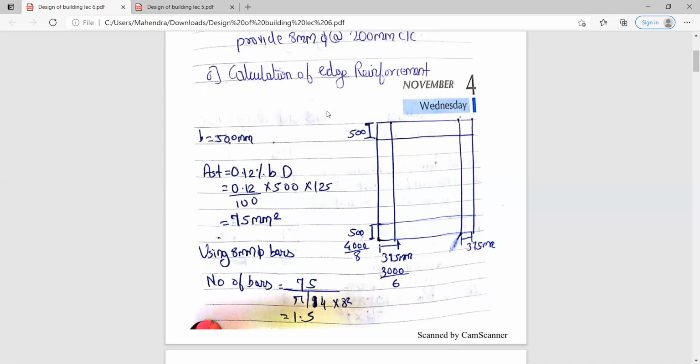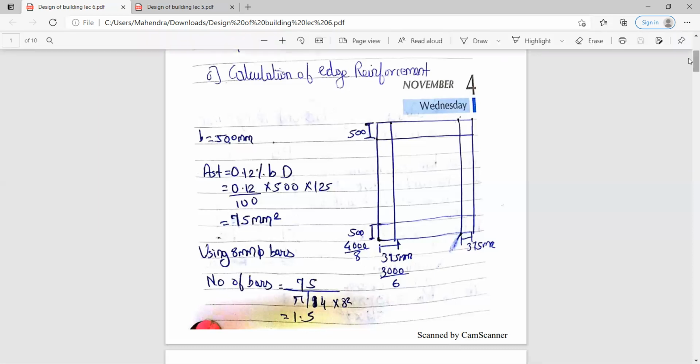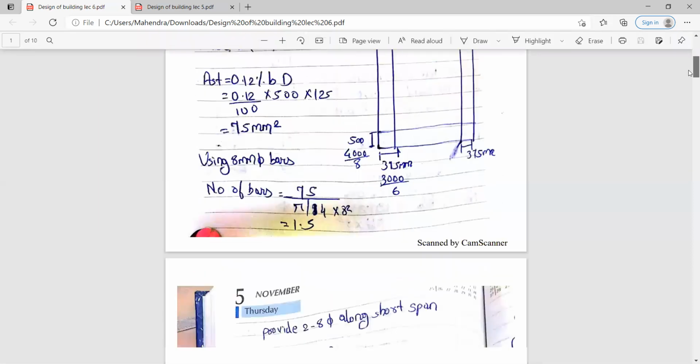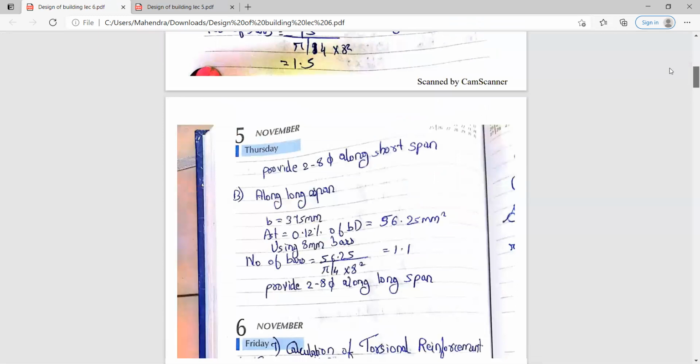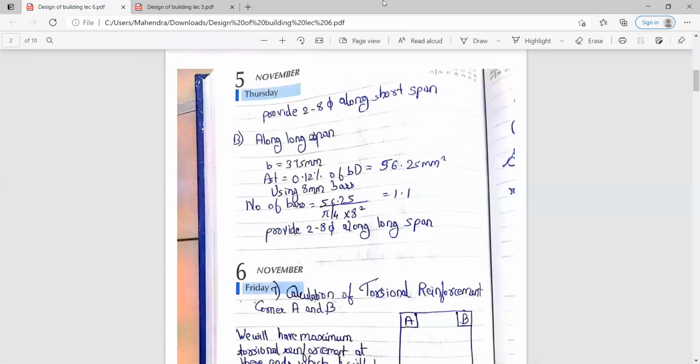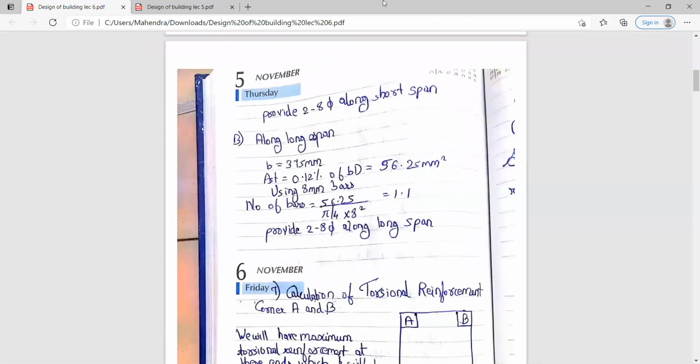So you will get the number of bars, that is 1.5, approximately equal to 2. So you need to provide 2 bars of 8 mm diameter for the short span.